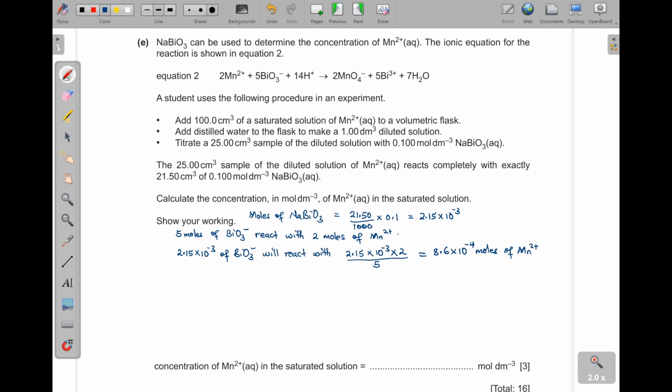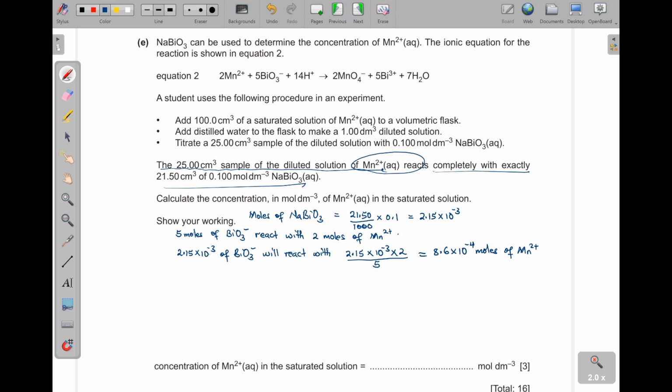Now, these are the moles of manganese 2 which reacted. But they are reacting from which sample? They said the 25 cubic centimeter sample of the diluted solution of manganese 2 completely reacts with this.